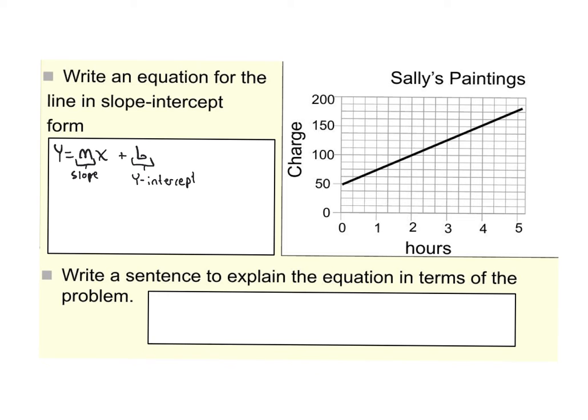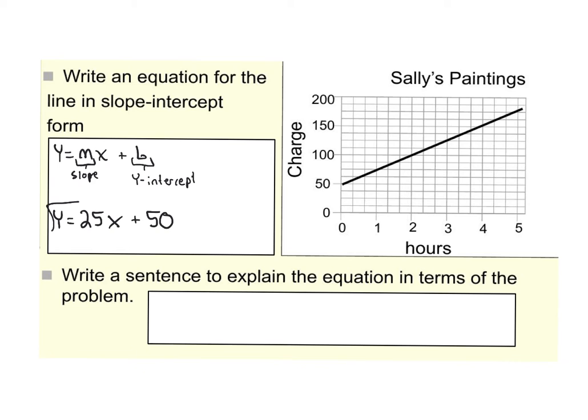So in this case, y, the amount of money she charges, is equal to our slope of $25 per x, the amount of hours she works, plus our y-intercept, which is the $50 startup fee.